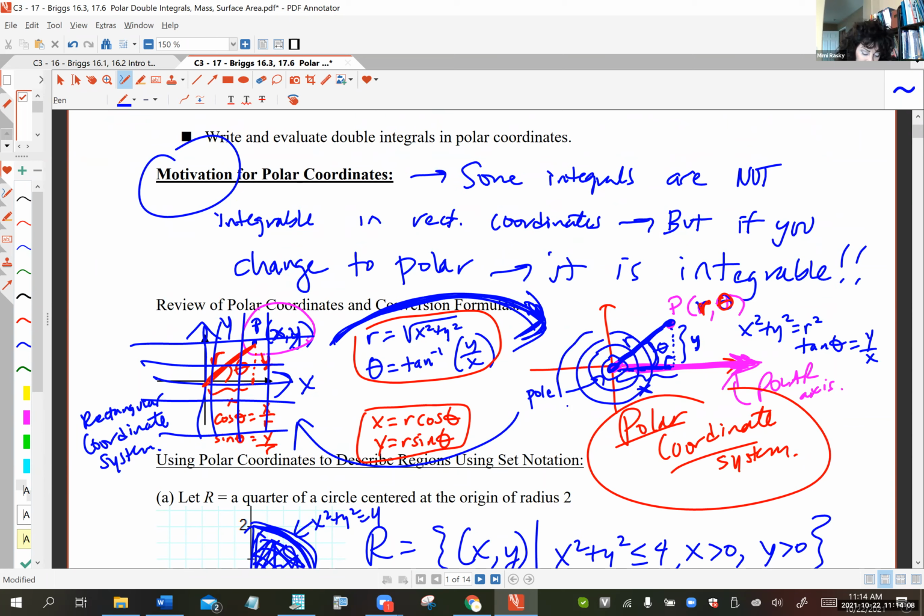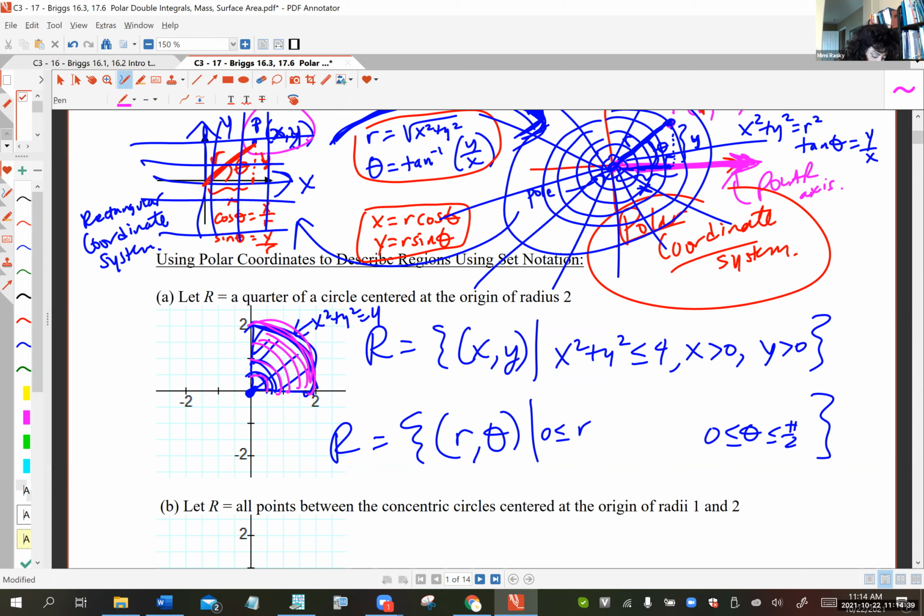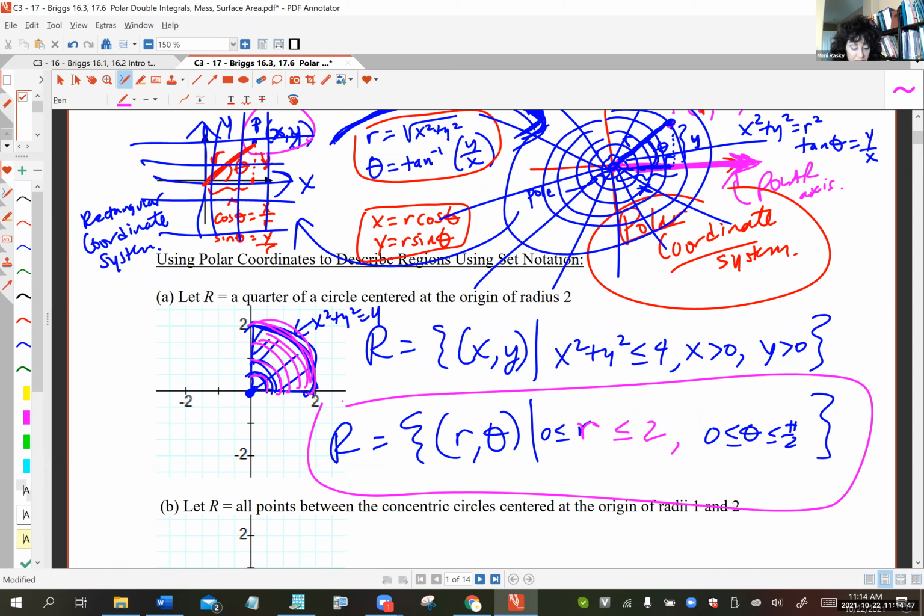So this region starts when r is equal to 0, and then the r kind of blooms, it keeps growing out, and then the biggest radius we get is 2. So r has a range of 0 to 2. And so this would be the set notation describing the same region, but describing it using polar.